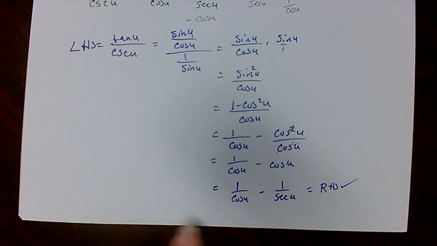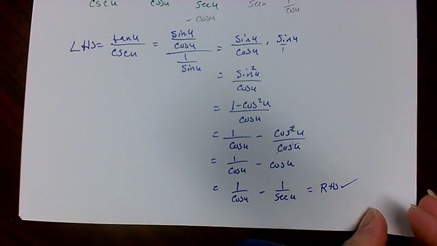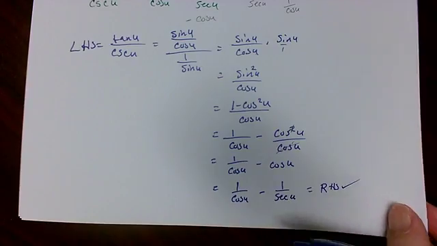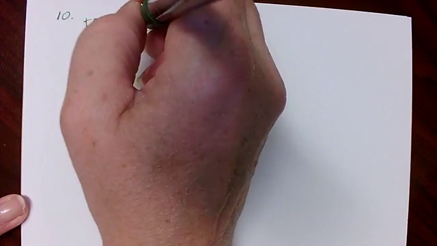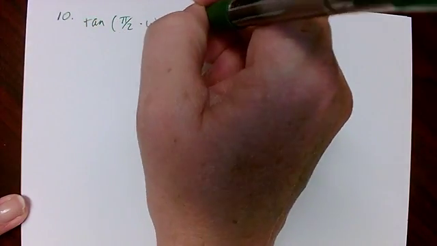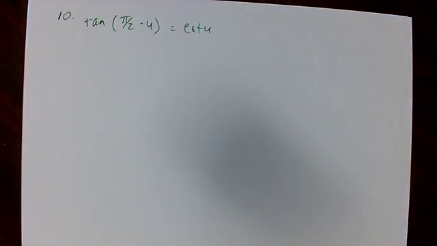The next one we're going to look at is tangent of pi over 2 minus u is equal to cotangent of u.